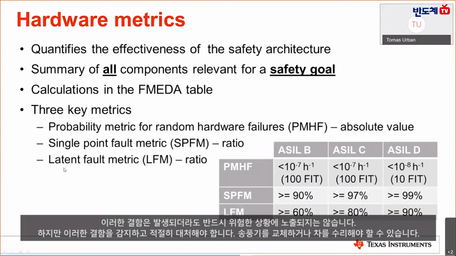When such a fault occurs, you don't necessarily need to be exposed to the hazard or to the risk situation, but you should be able to detect such a fault and behave accordingly. So it means pull over or repair the car.